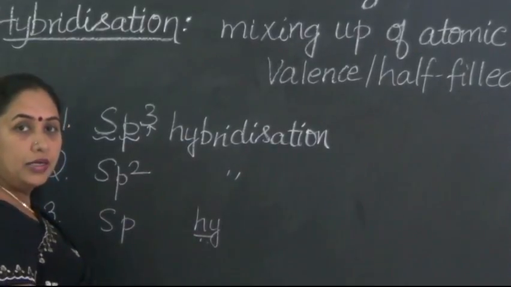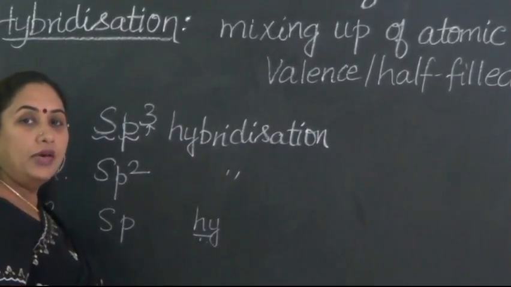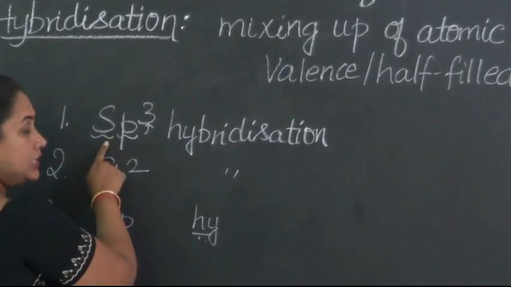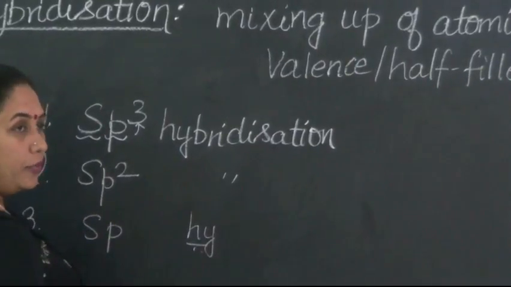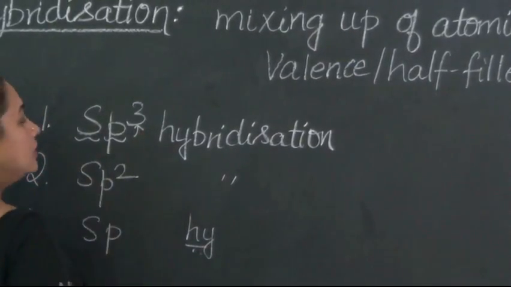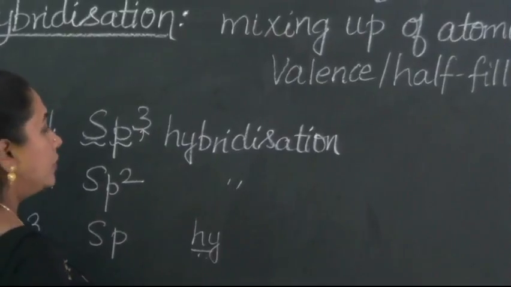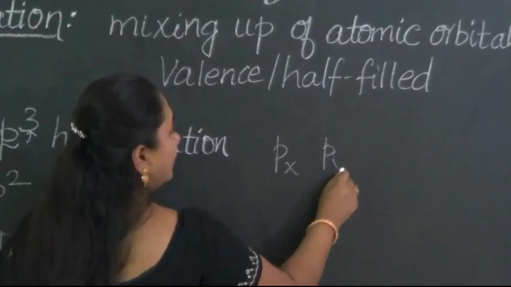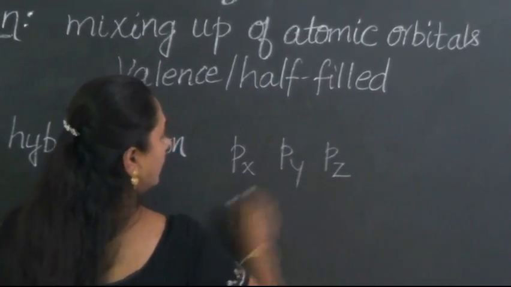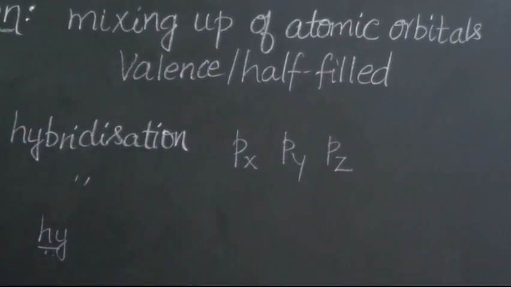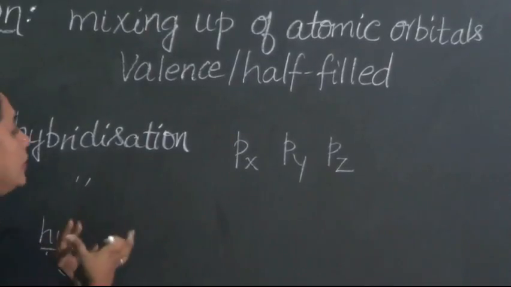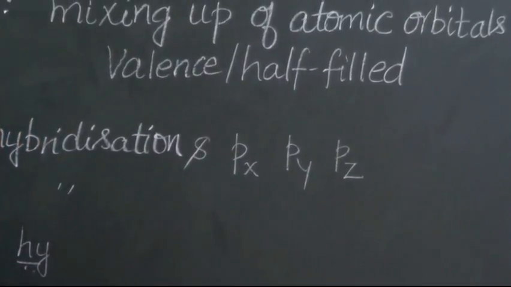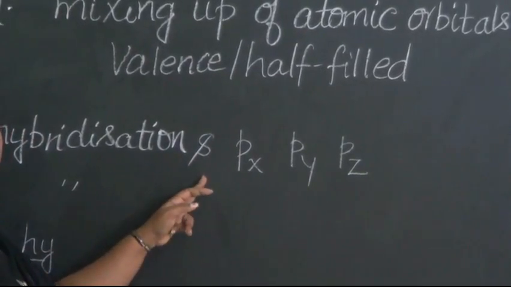So the focus point is always with respect to the valence shell orbitals, and S orbital will be having less energy than the orbitals of P. And which are the three orbitals of P we are talking with respect to? All the Px orbital, Py orbital, Pz orbital of the valence shell of an atom will be undergoing mixing with the S orbital of the valence shell. That means they are the orbitals present in the same shell.